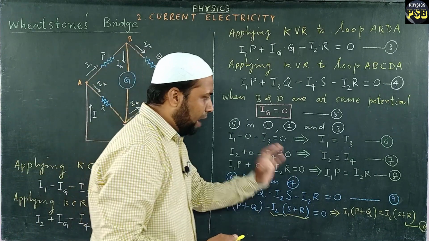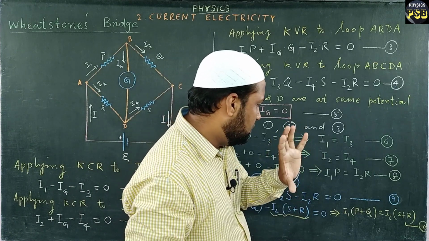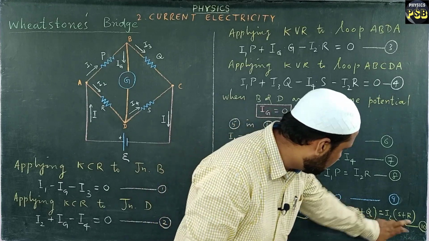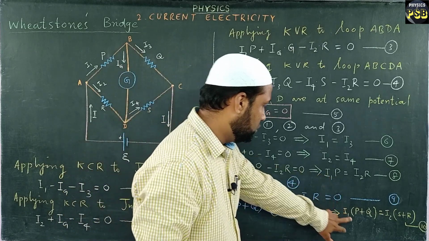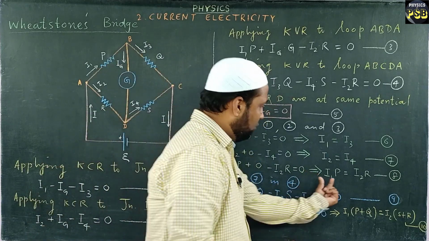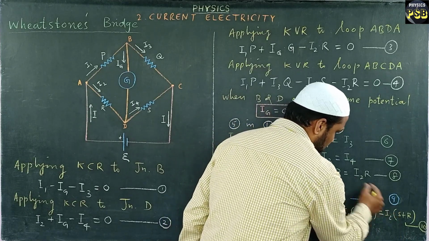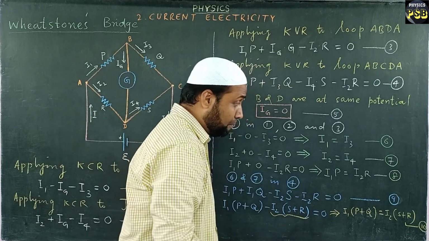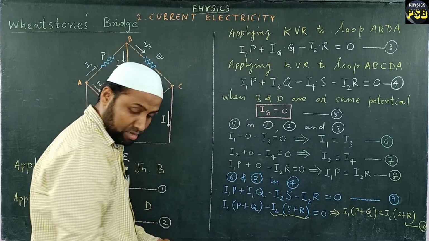Now here I have an equation which appears somewhat similar to equation number 10. Now if you compare these two, equations 10 and 8, we have I1 on the left hand side, and I2 in both equations is present on the right hand side. So I am going to divide these two equations.